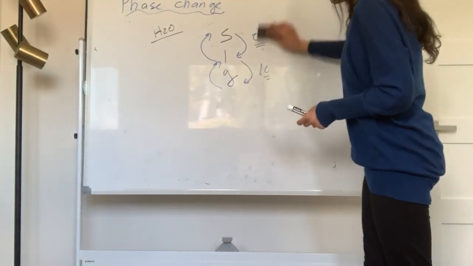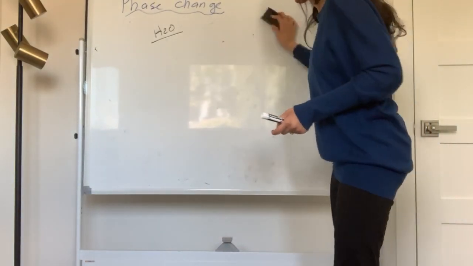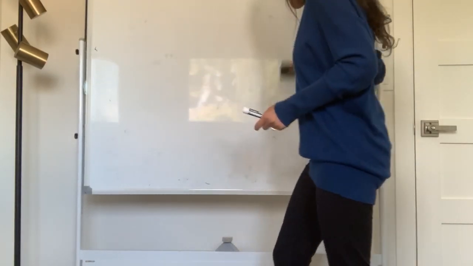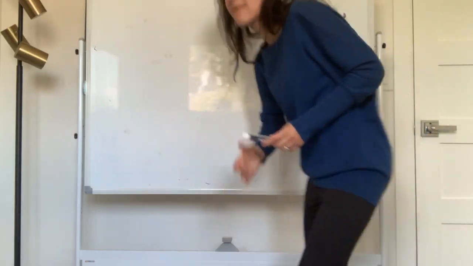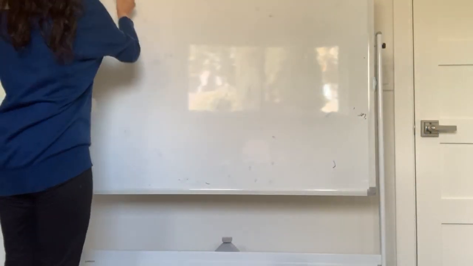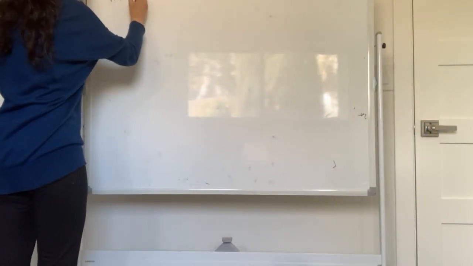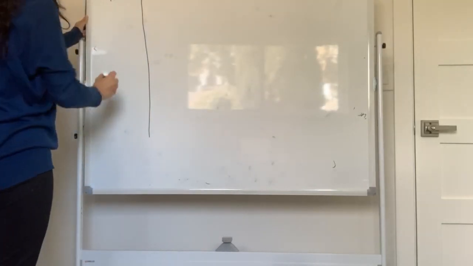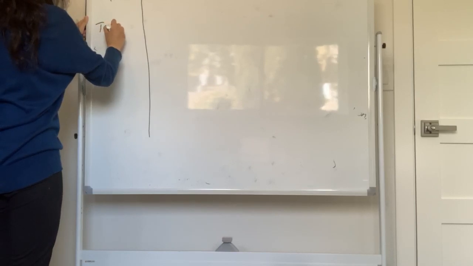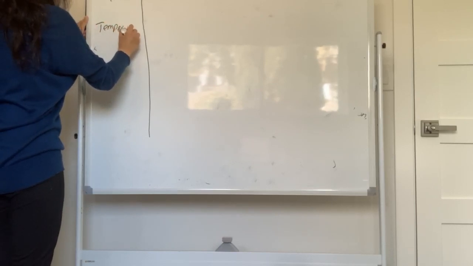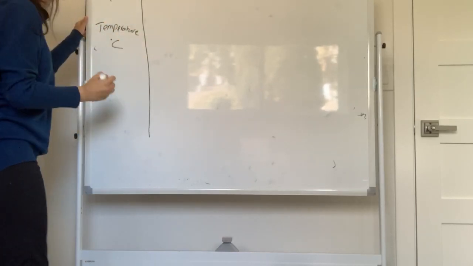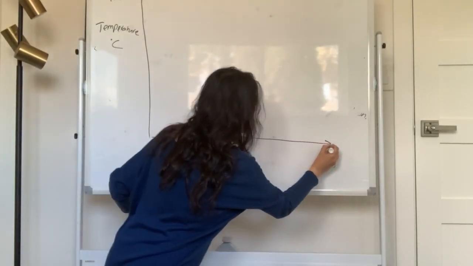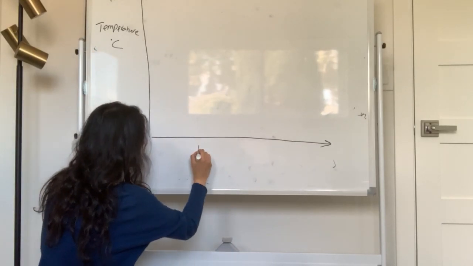Now, I'm gonna put up a really big chart on my whiteboard. If you don't have room, definitely go to a new page where you have at least half a page. I'm going to put a chart up for water. Right here, this is going to be my temperature. I can say in degrees Celsius, why not? And then over here, this is going to be my heat.